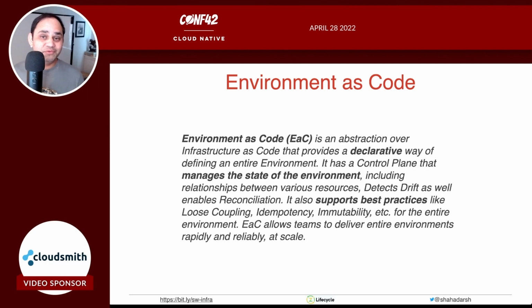It detects drifts as well as enables reconciliation. It supports best practices like loose coupling, idempotency, immutability, etc. for the entire environment. ESC allows teams to deliver entire environments rapidly and reliably at scale. I know it was a long definition, but I think it was important to read through it.